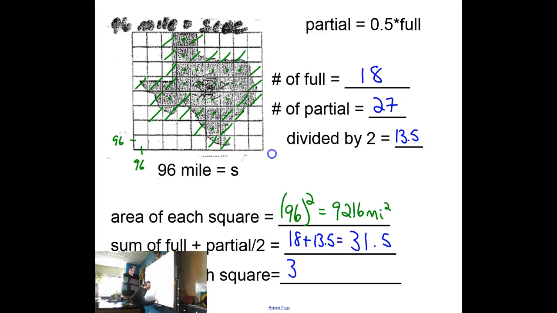Now I multiply 31.5 times 9,216 square miles, and I get, if you're ready for this crazy number, here it comes, 31.5 times 9,216. Holy moly.